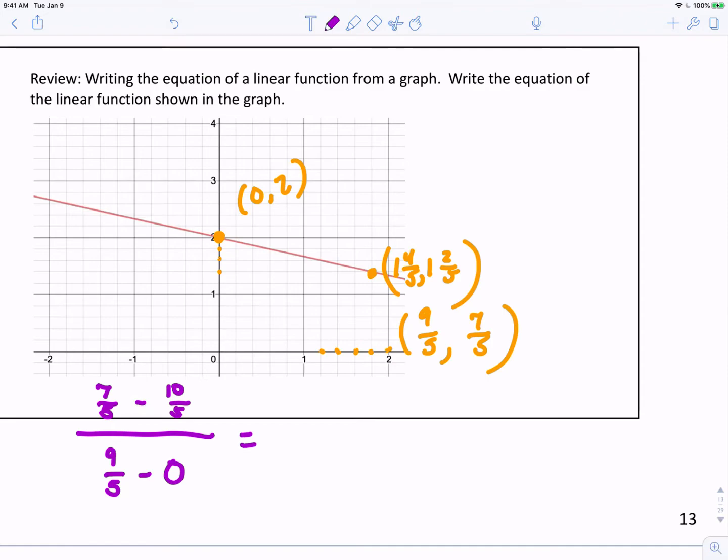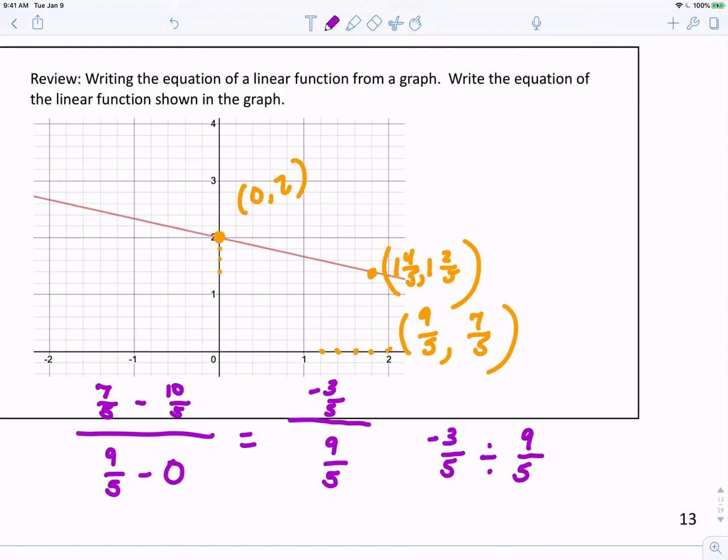So 7/5 minus 10/5 is -3/5, and 9/5 minus 0 is 9/5. And so what do we have? We have -3/5 divided by 9/5.